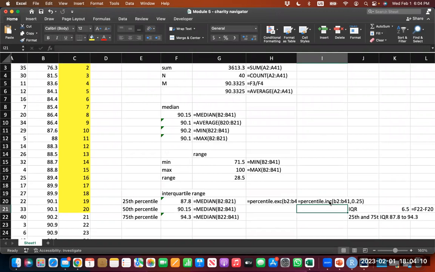Since you have an equal part, it will take those two middle values and average them. So it will average here essentially the 10th and 11th values, 87.6 and 88, and that will be 87.8. So this is the median approach that we have chosen, and that gives you that estimate. So it's a little tricky.